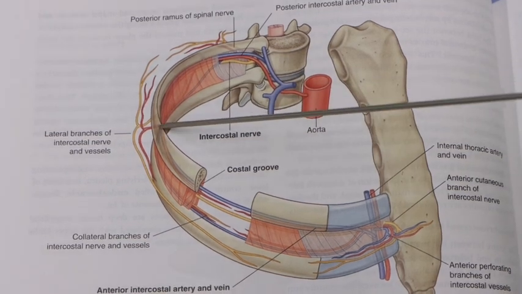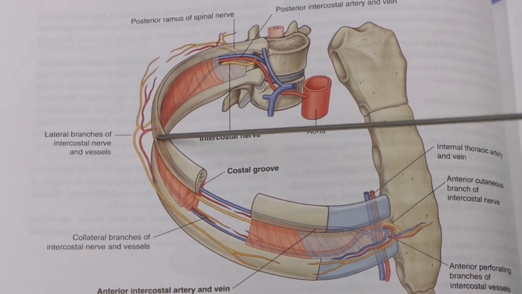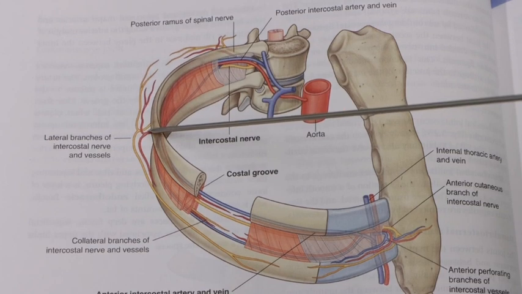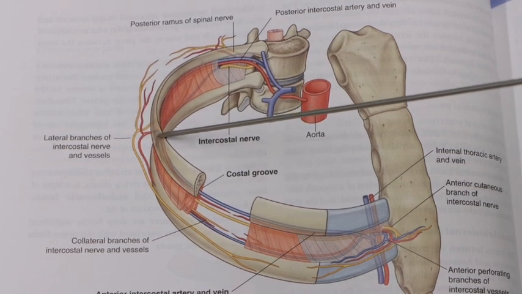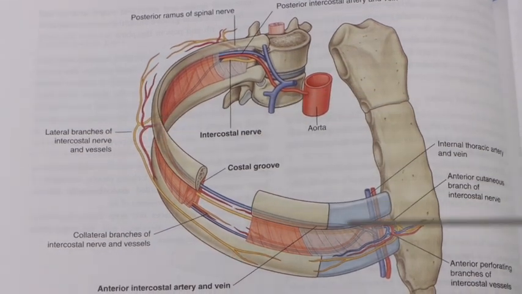Then when it's going to the lateral part, it gives another branch which is called the lateral branch of the posterior intercostal artery, which is then divided into posterior and anterior.